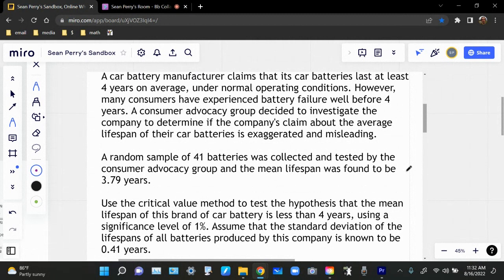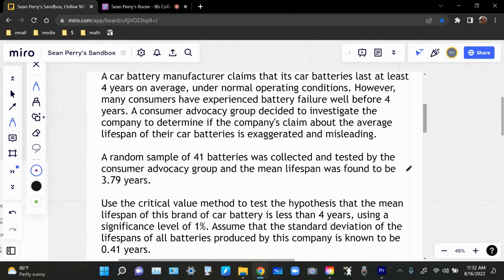This one says, a car battery manufacturer claims that its car batteries last at least 4 years on average under normal operating conditions. However, for many consumers, they've experienced battery failure well before 4 years. A consumer advocacy group decided to investigate the company to determine if the company's claim about the average lifespan of their car batteries is exaggerated and misleading.